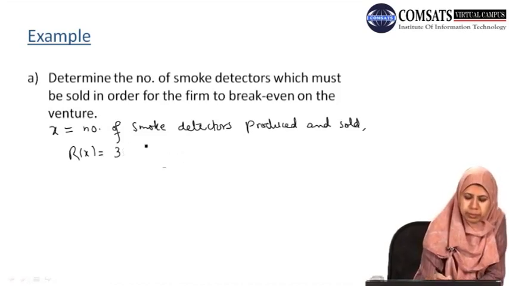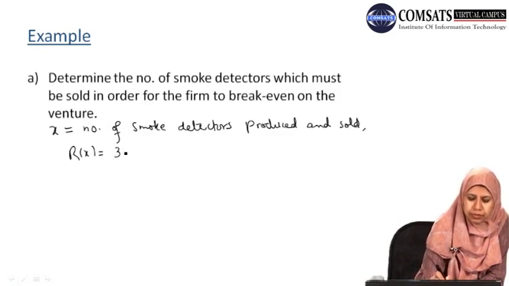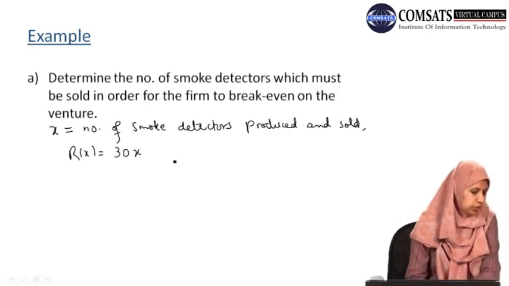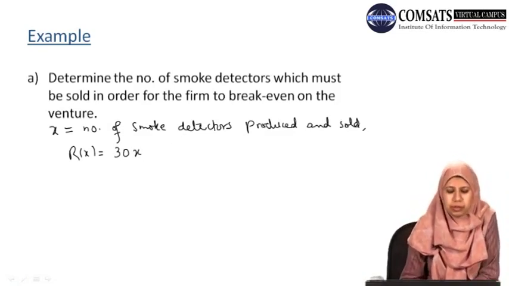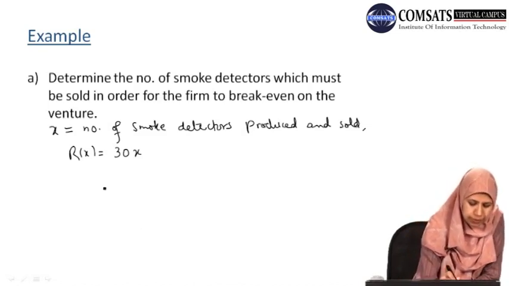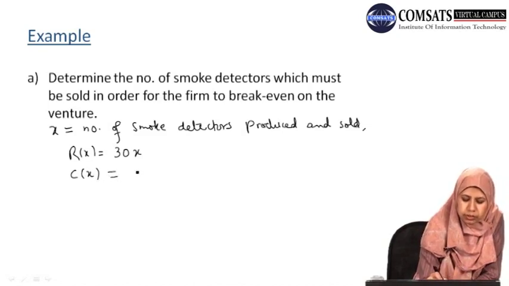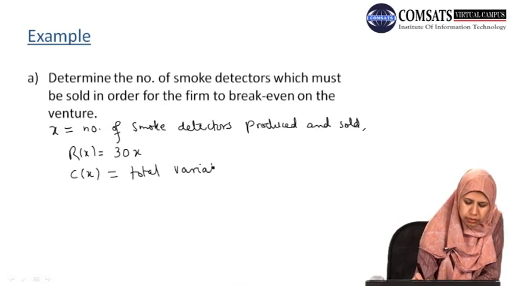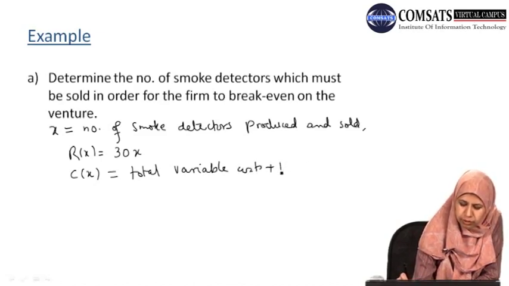Then our revenue function will be equal to price, which is $30, into quantity, which is x. So this is basically our revenue function. Next step is to find the cost function, that is C of x. And C of x we know is the sum of total variable cost plus total fixed cost.